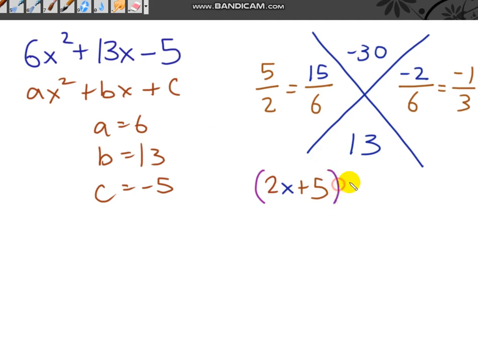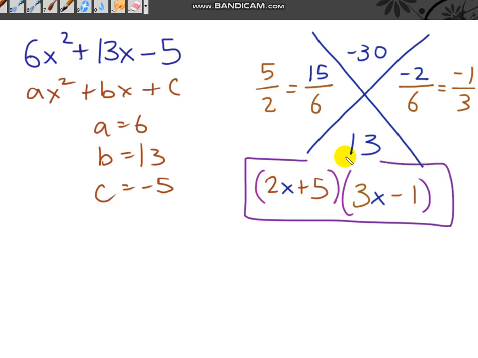And then this 3 will go in front of x. This is the coefficient that goes in front of x. And then we have a minus 1. I should put that in purple parentheses. And that right there is our factored expression.